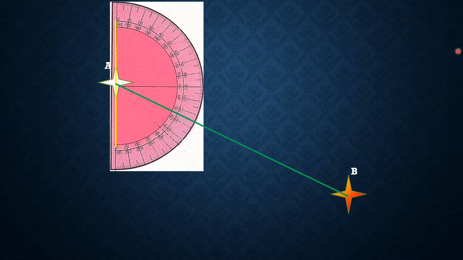Now, as you can see, the green line passes right through a certain point here. First thing first, we're reading in a clockwise direction. If you follow the direction of the yellow ball, it stops right on the line. Now this line tells us exactly the bearing of point B from point A. And if you look carefully, the bearing of point B from point A is approximately 115 degrees.